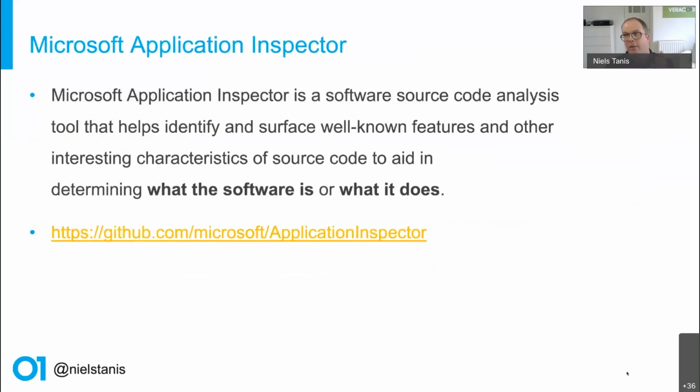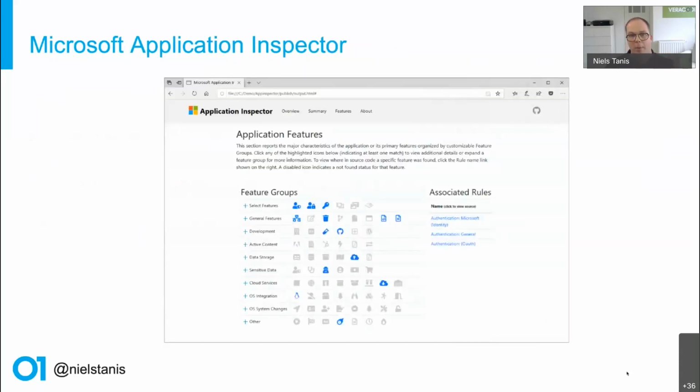If you're interested in a similar solution, then Microsoft released something called the Application Inspector, last January. Let me quickly show you the screenshot of this app. What it does is it takes a code base, right? So it's not doing anything with compile, but it can just dig through, I think, a lot of different programming languages, and it will give you an overview of the features that are being used, right?